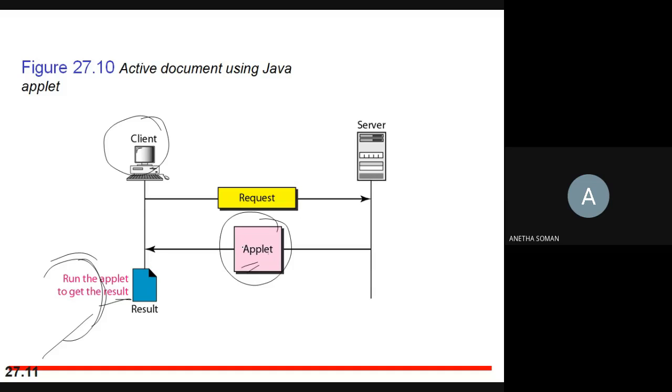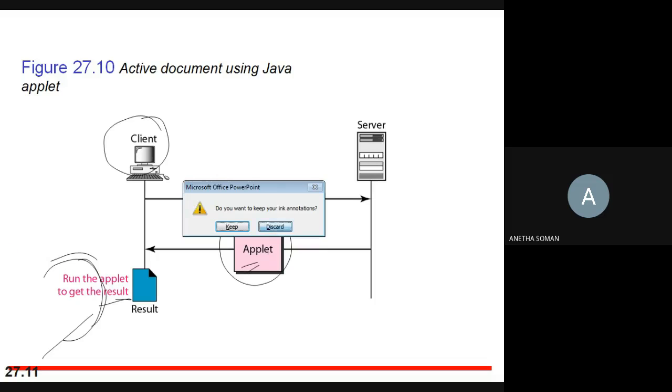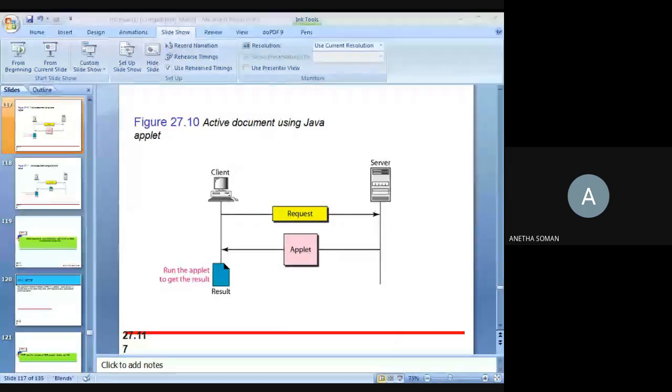So these are the things that I wanted to tell in today's class. I have just told you about two different types of protocols. One is the FTP protocol, which is mainly used for file transfer, and the other one is the World Wide Web.